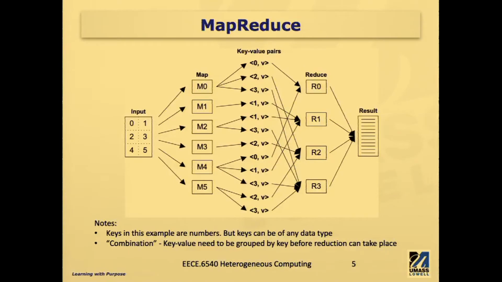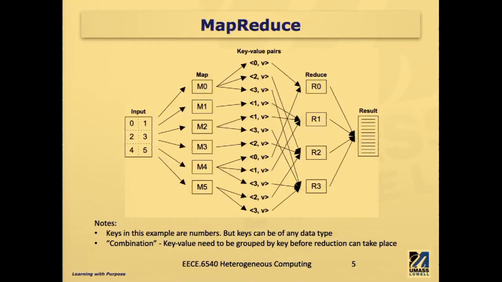So in this example, this M0 processor works on the input data and produces 3 key value pairs. Now the key here is simply the number. So in this example, M0 produced 3 key value pairs, and the keys are 0, 2, and 3. The values will be, of course, different. Depends on the actual application.